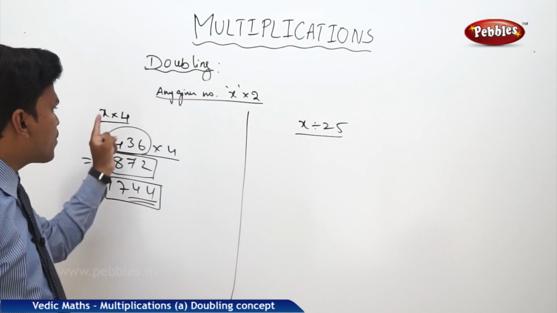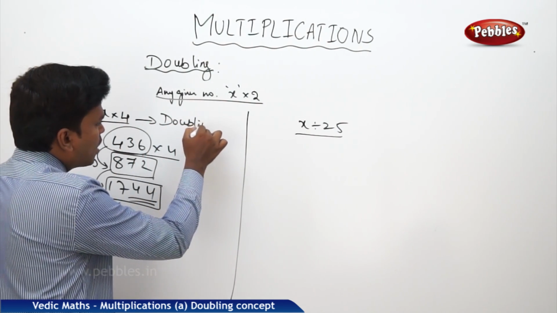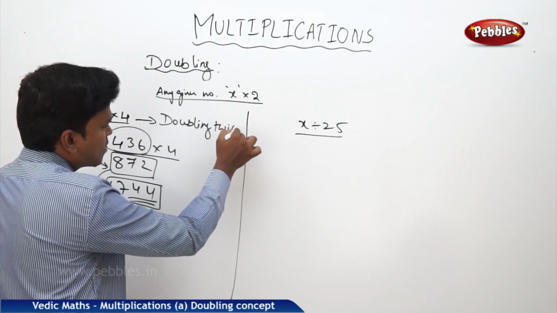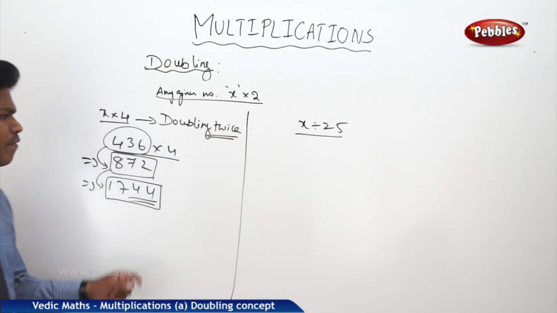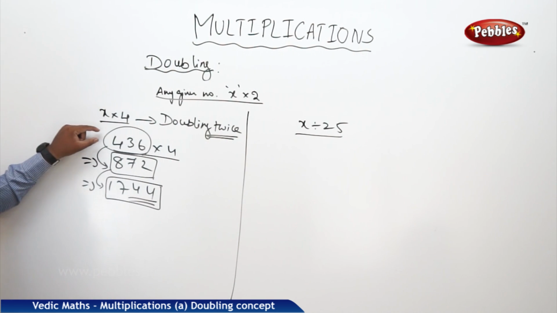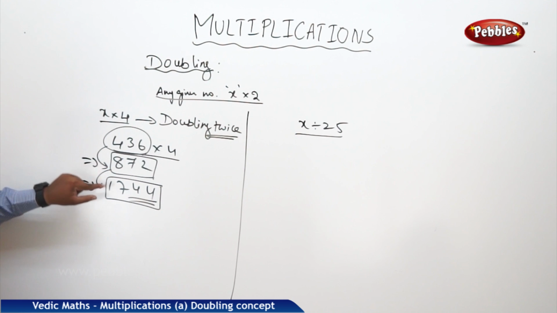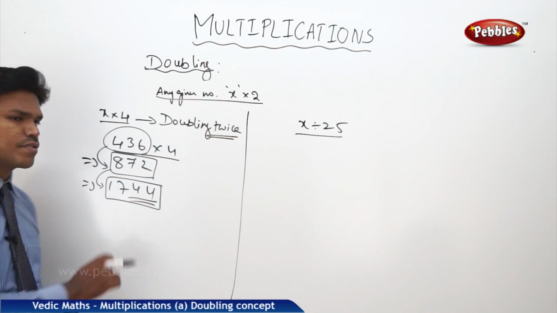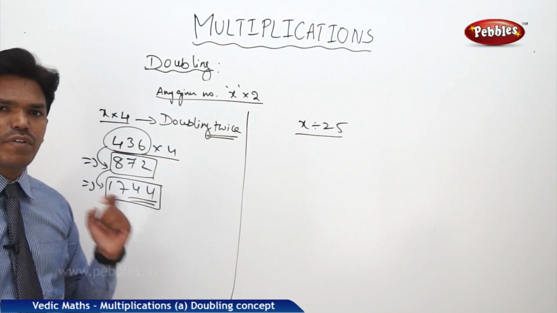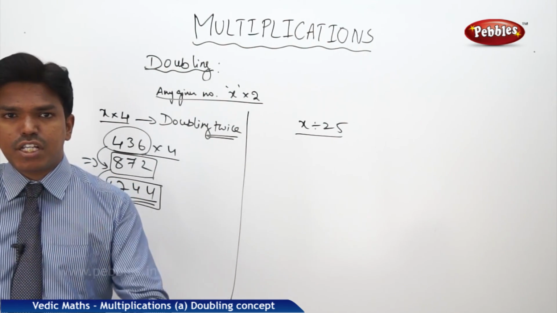That means multiplication by 4 is nothing but doubling twice. 436 double is 872 and 872 double is 1744. This will be your answer. No need of going for the conventional multiplication. Just double the number twice as fast as possible.